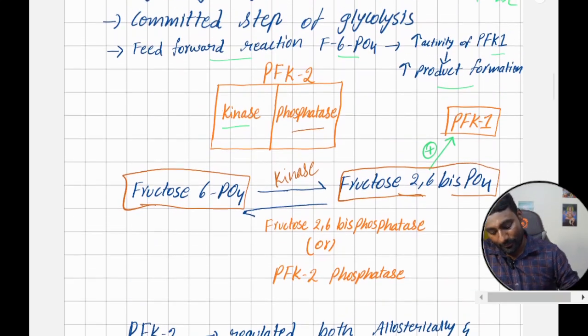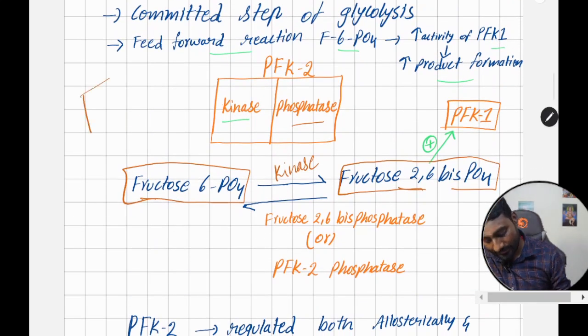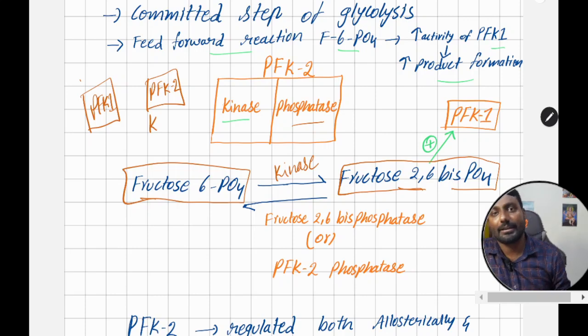I am repeating. You have a total of two enzymes: one is PFK1 and the other is PFK2. In PFK2, you have two activities: kinase activity and phosphatase activity.